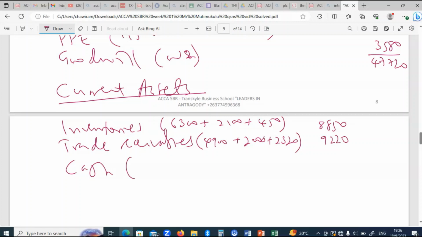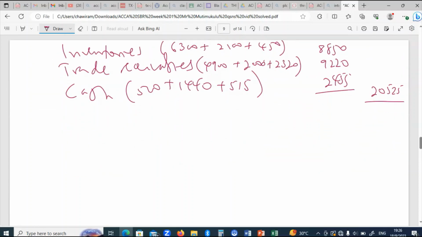For the cash, we are going to have 500 plus 1,440 plus 515, and we get 2,455. And the total we have here is 20,525. Then we add this figure with that one for the non-current assets. We get the total assets figure.